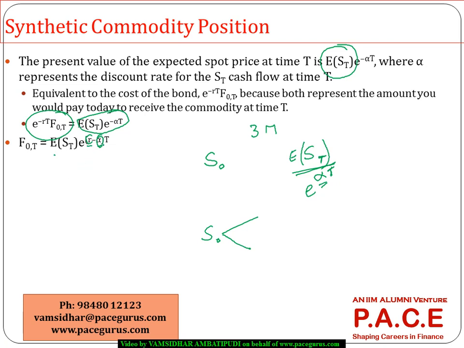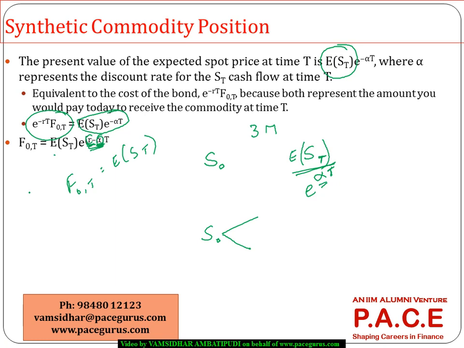See, if both are same, if these two rates are same, what is coming out is my forward rate is same as the expected spot rate. But if the expectation on the financial security, the risk-free rate of return, and the expected return on the commodity are two different entities, my forward rate and the expected spot rate will have some level of difference existing between them.